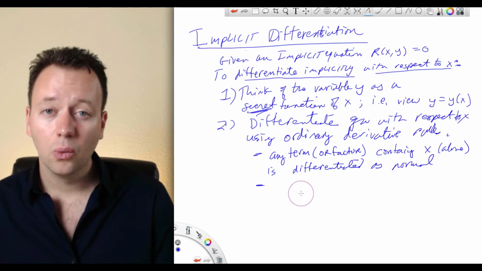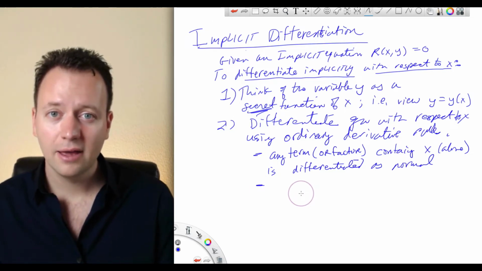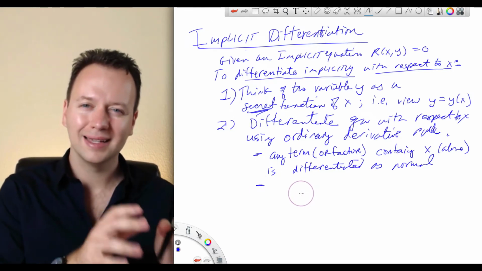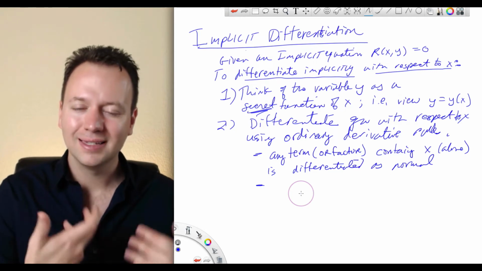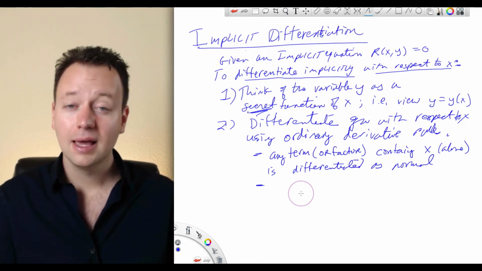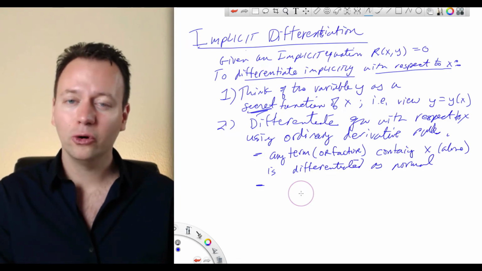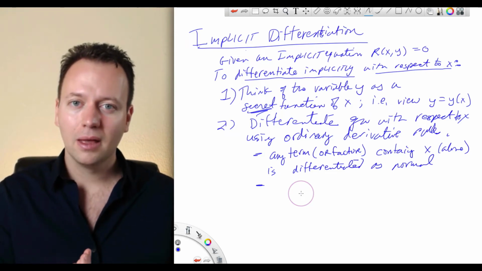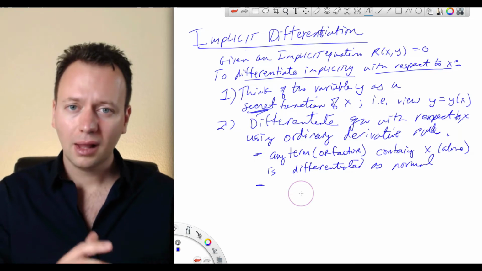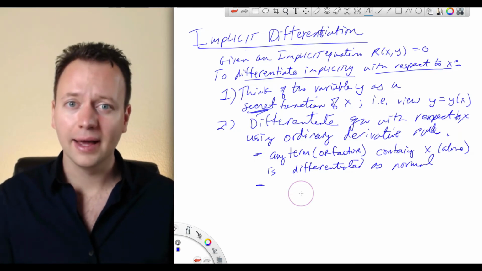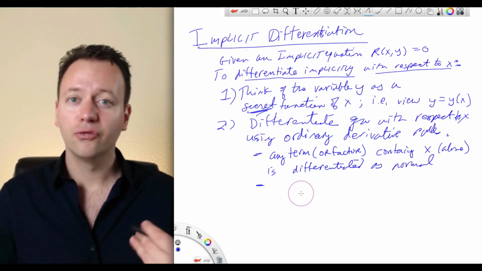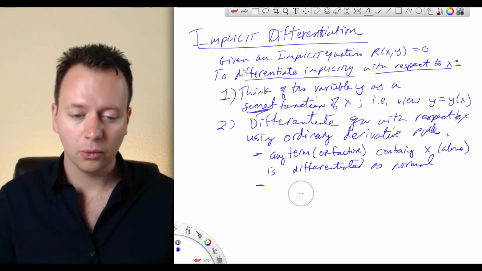Two, whenever you see a y, you have to go back and think of y as a hidden function, a secret function of the variable x. And so if y is a secret function of x, in order to differentiate an expression involving y with respect to x, we have to use the chain rule.